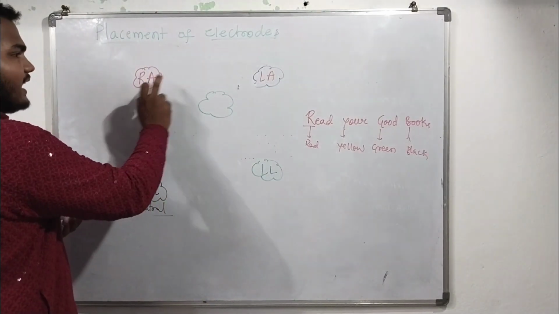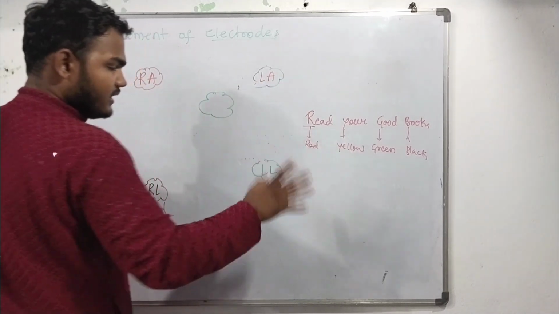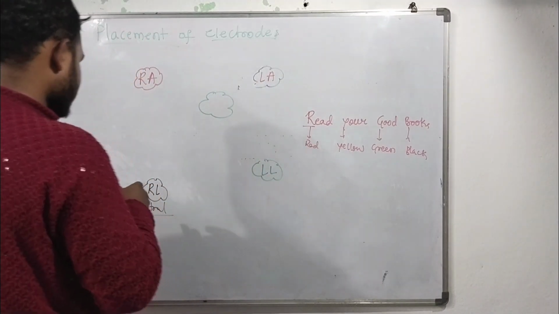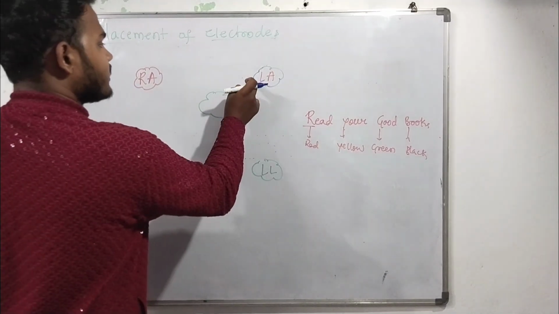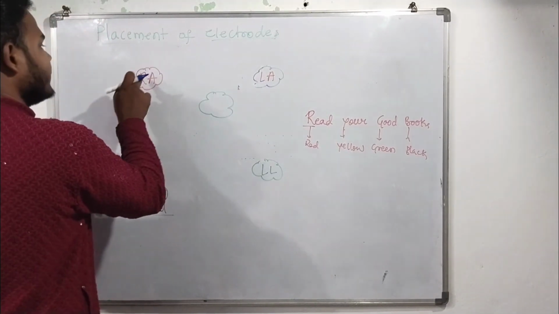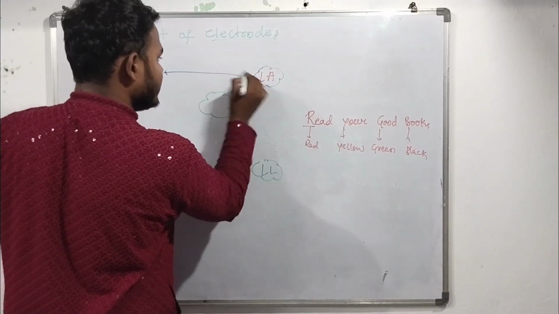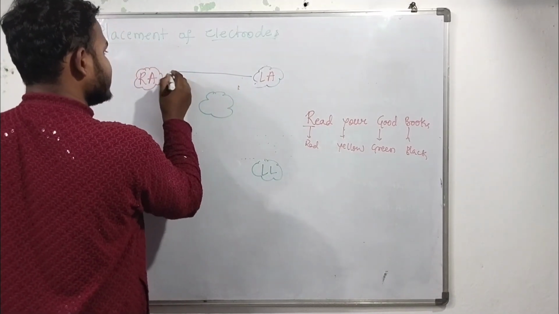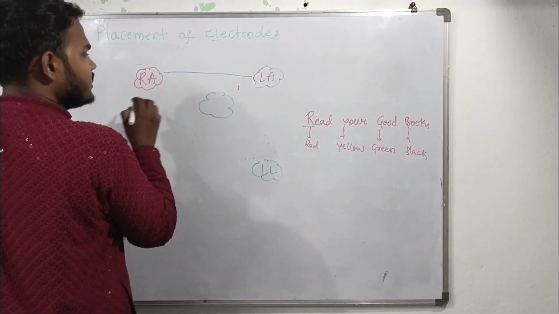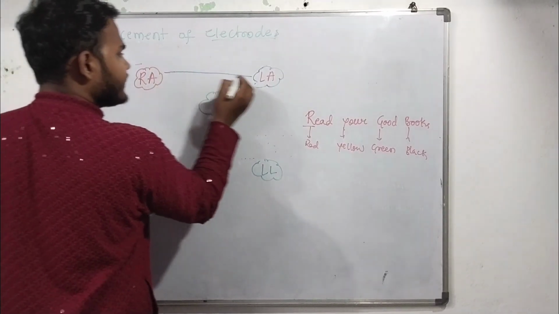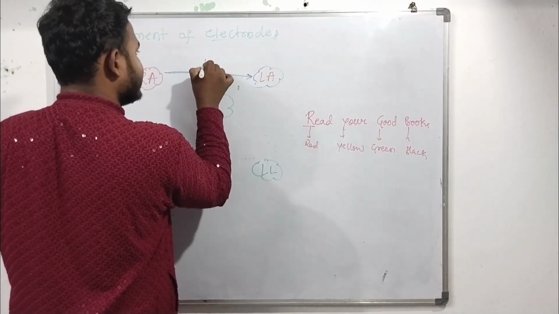Now here the right arm, left arm and left leg. Okay, first, let me draw here, from the left arm to the right arm there is a lead. Here it is a negative sign. From negative to positive, it is one lead, lead 1.